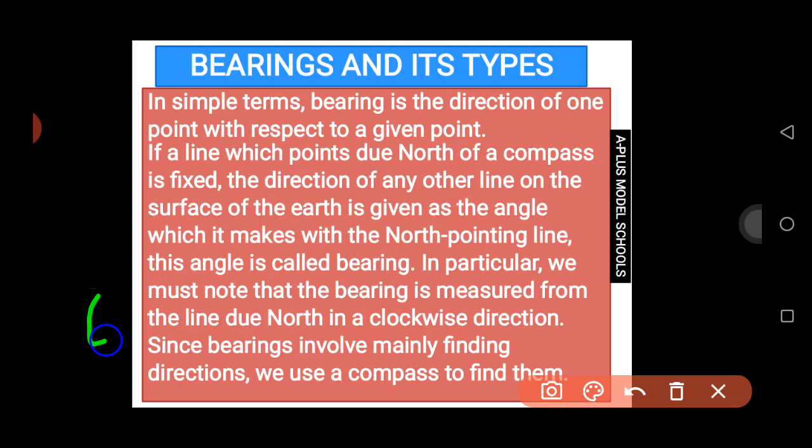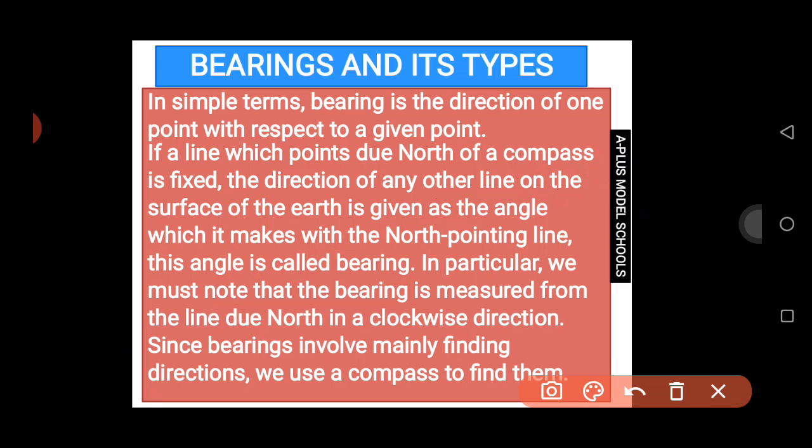If this is a point that is given to me, and I have another point here, then my bearing is the direction at which the given point is looking towards where I'm looking.